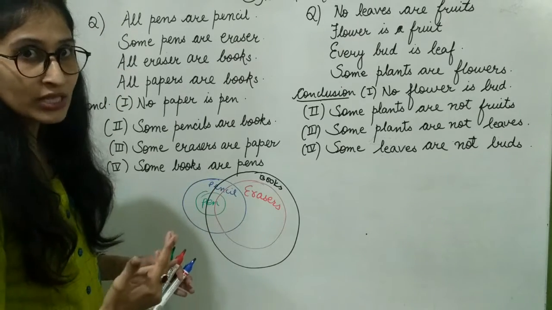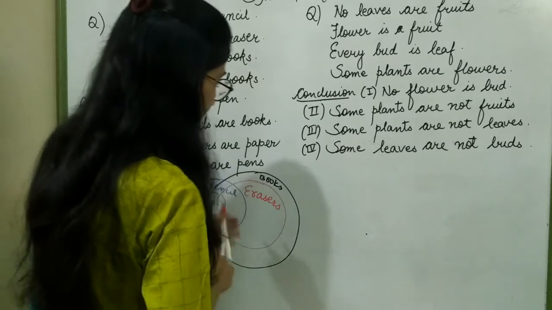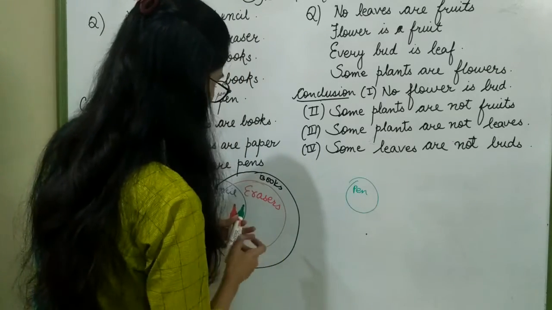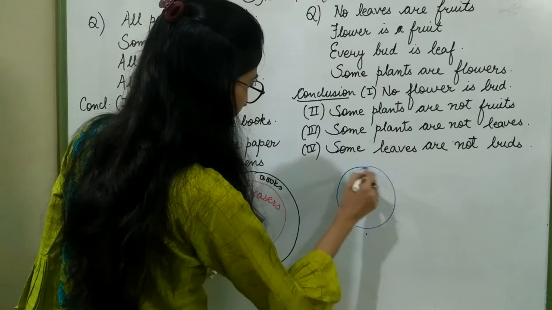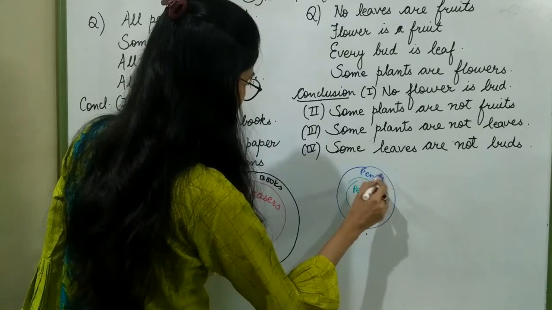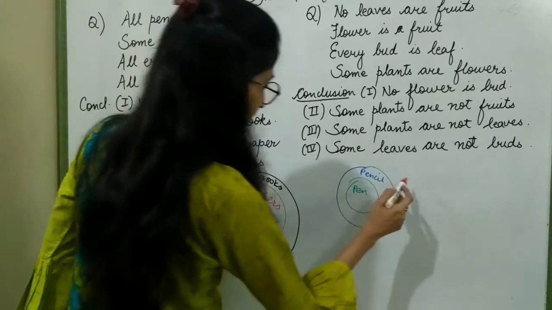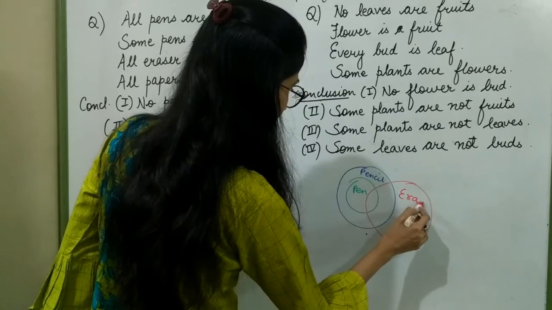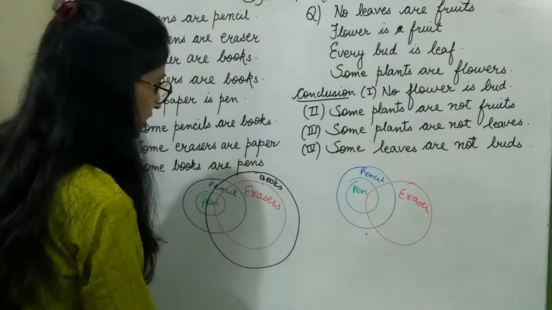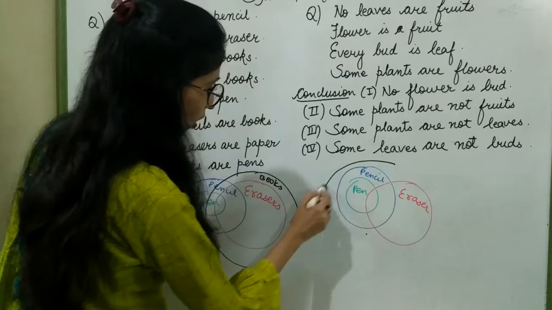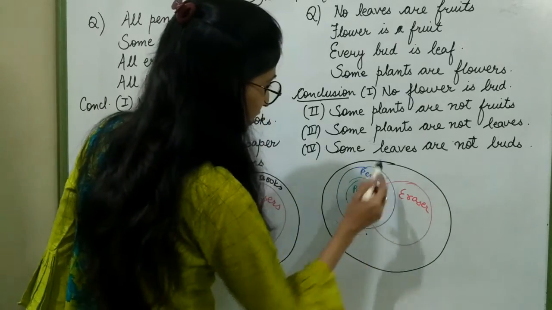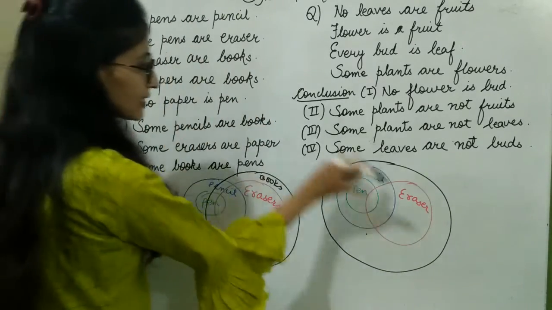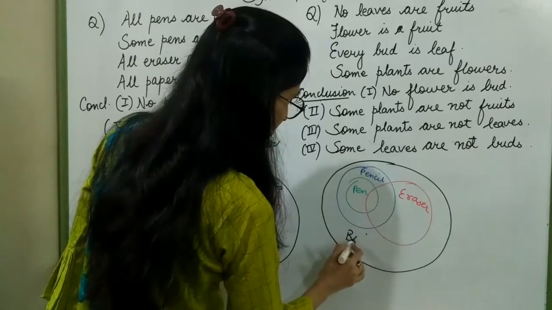So the second possible Venn diagram will be pen, pencil, eraser, and the books can cover all of these. In this case also, all erasers are books.